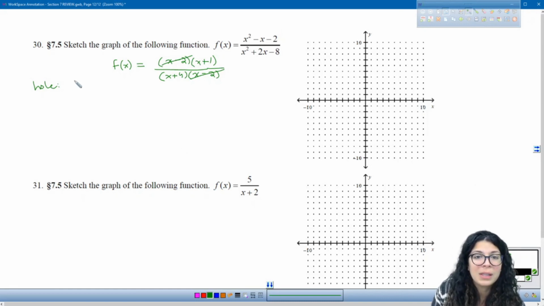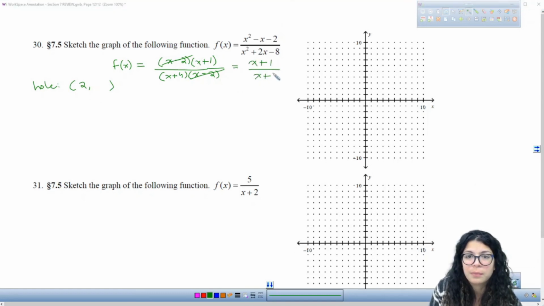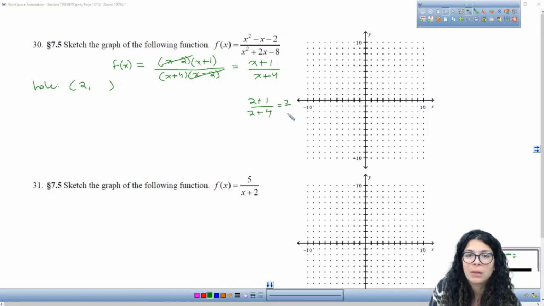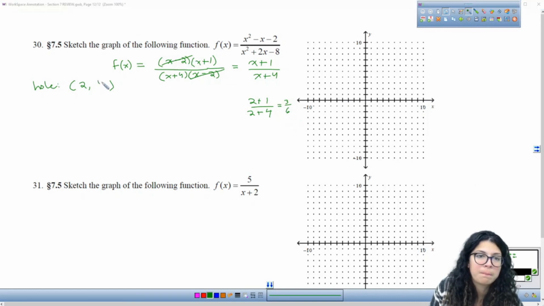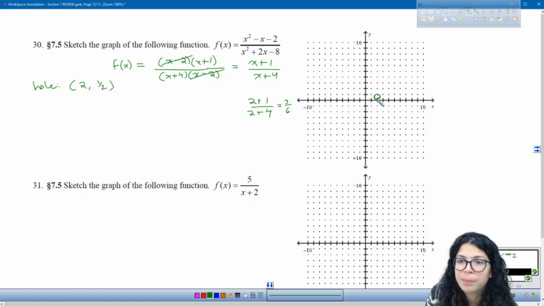That means that the hole is at x value of 2. To find the y value, we're going to use the simplified version of the function and plug in that x value of 2. 2 plus 1 over 2 plus 4 would be 3 over 6, which is 1/2. So the hole, we can plot that with an open circle, is at 2 and 1/2. So it's right here.